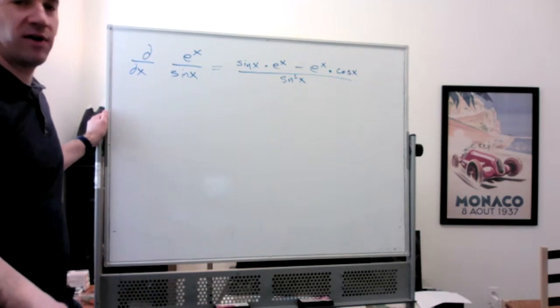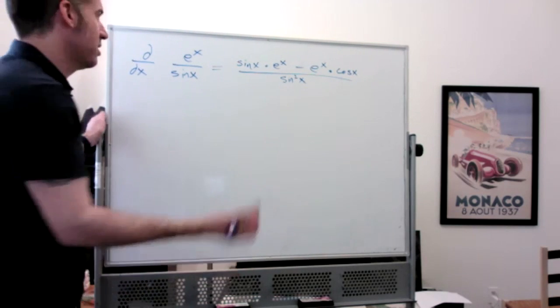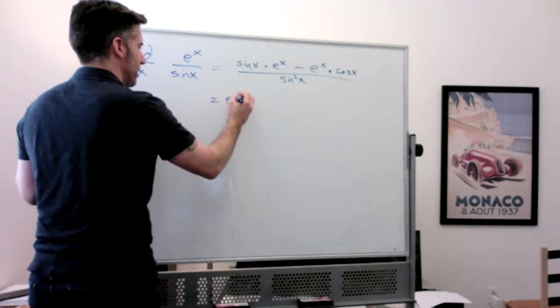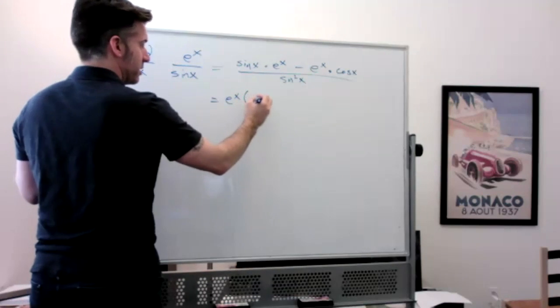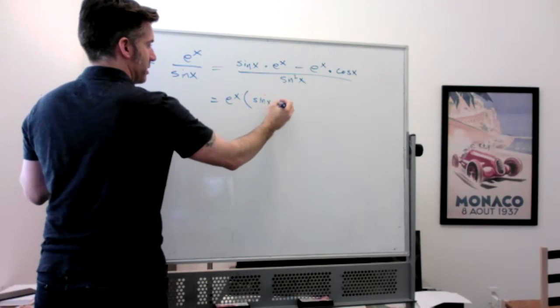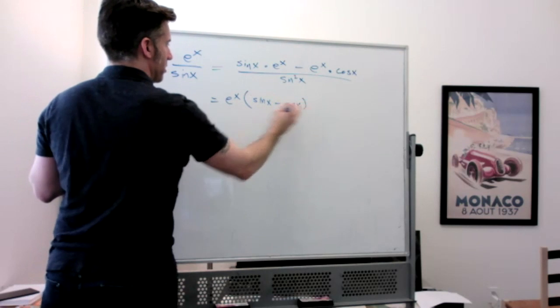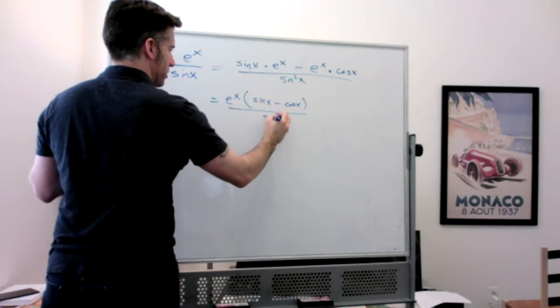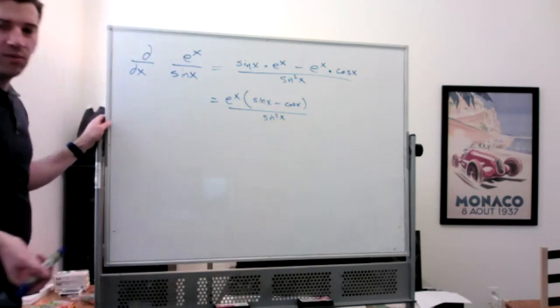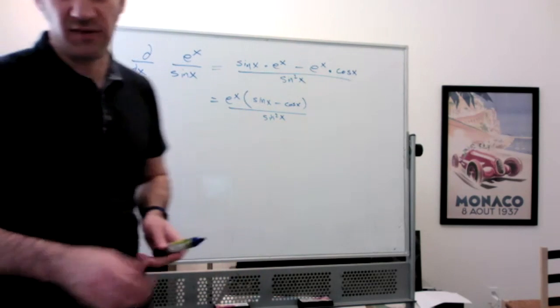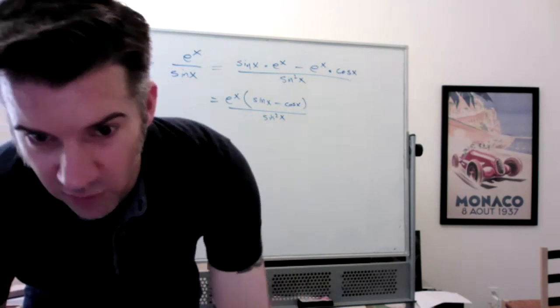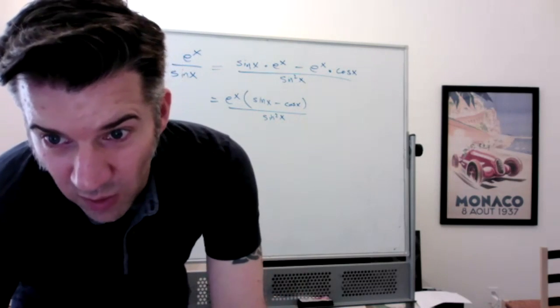In this case, it's fairly easy to factor out an e to the x. So we probably would factor out an e to the x, right? It's e to the x times sine x minus cosine x, all over sine squared x. But I'm usually not trying to do a whole lot of simplifying with my quotient rule unless I'm specifically trying to do something with it.